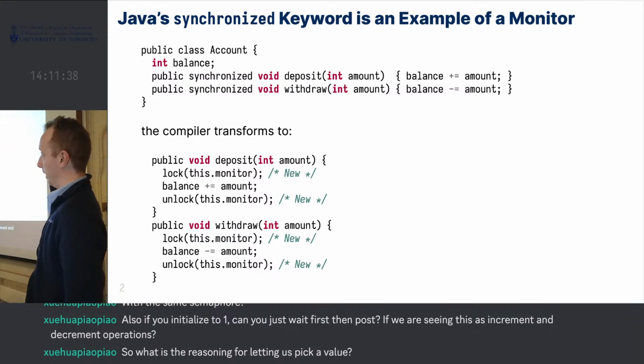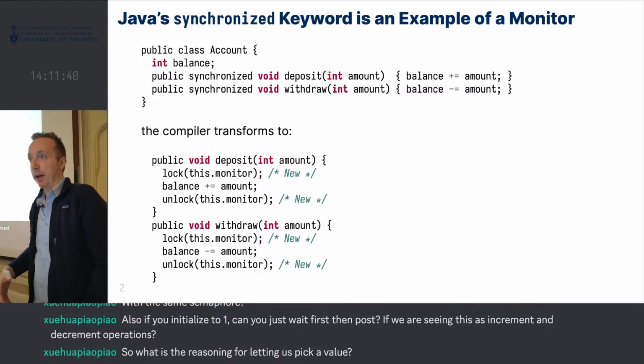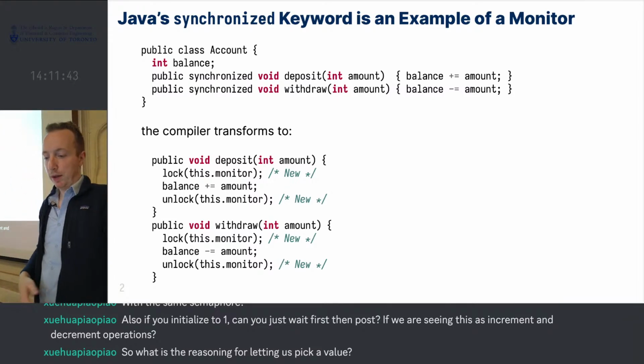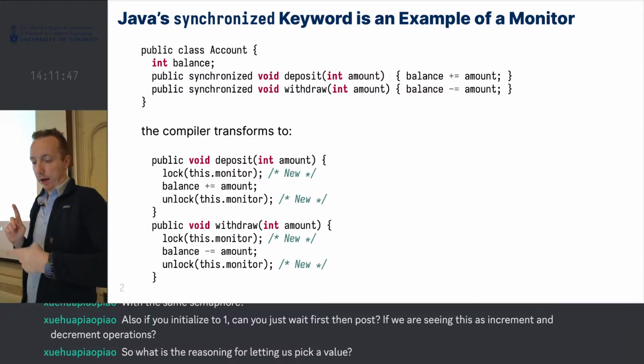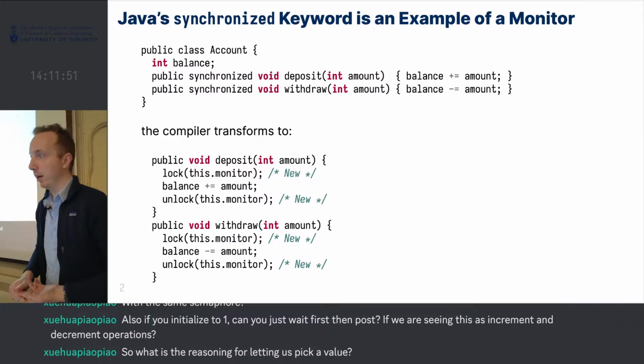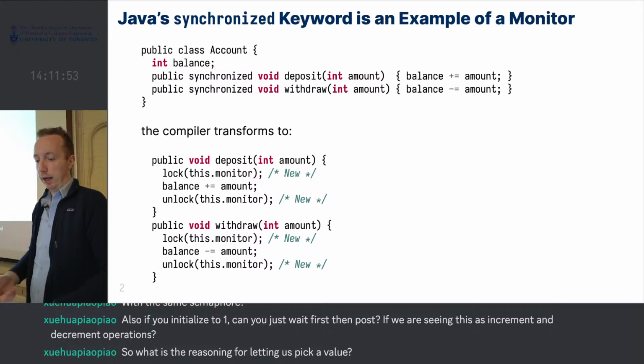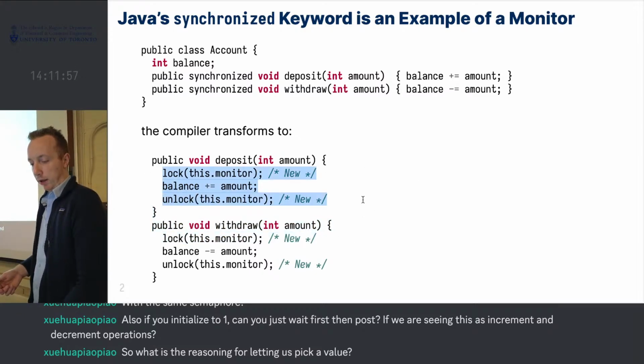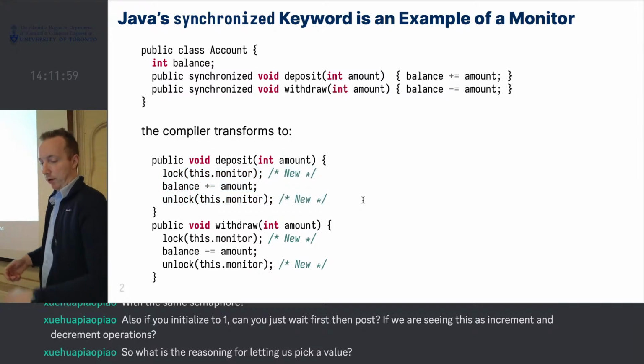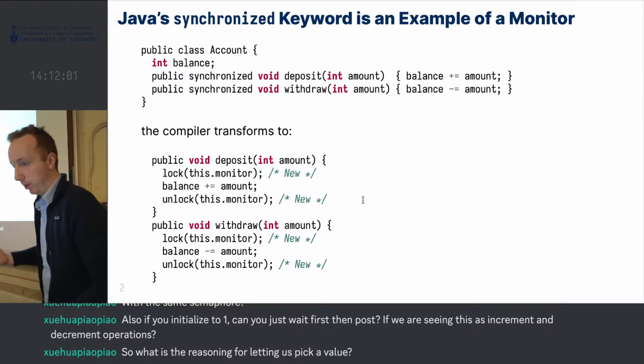So if I had a class that was supposed to represent someone's bank account, I could have an int balance, and then I would say the deposit and withdraw methods are synchronized. Therefore, they won't have any data races because the compiler will essentially transform the calls into something like this. So this.monitor would just be the mutex.